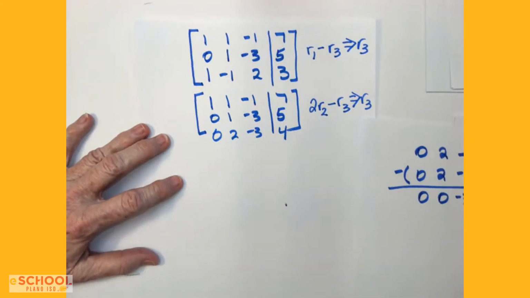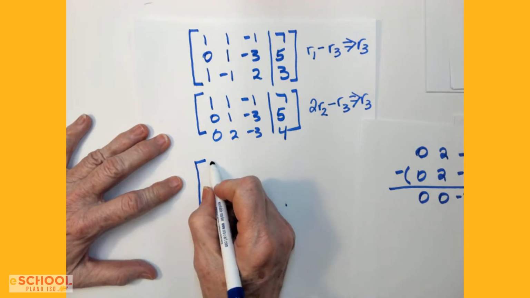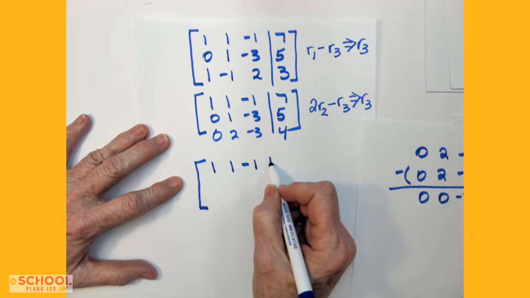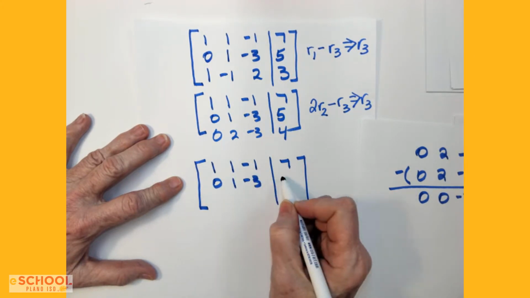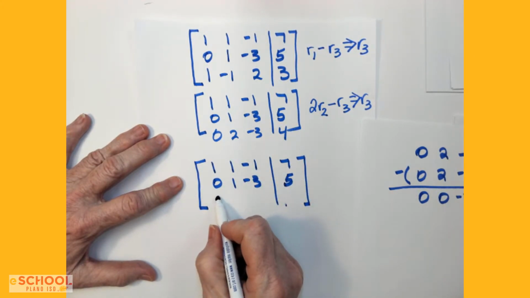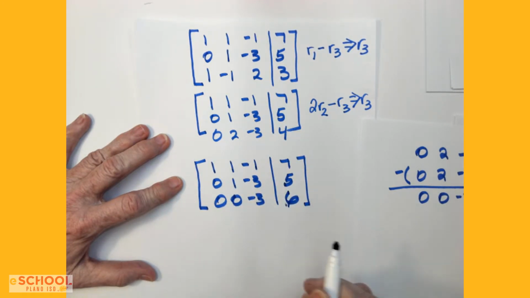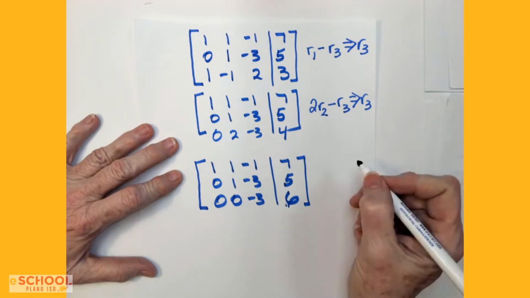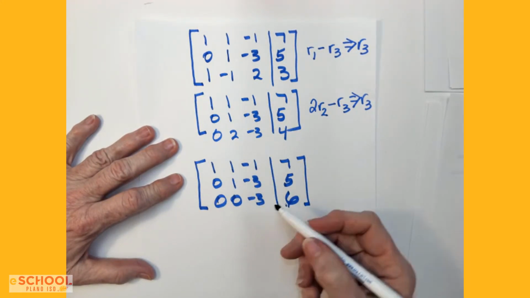So now we're going to input the new row 3 on our matrix. Keeping row 1, keep row 2, and put the new row 3: 0, 0, negative 3, 6. Okay, so now we're almost there. We just have to fix row 3.